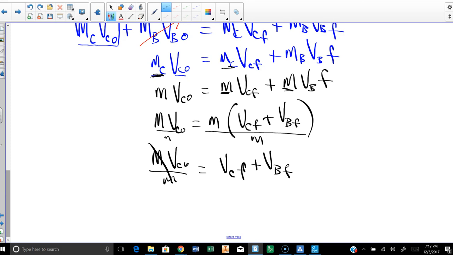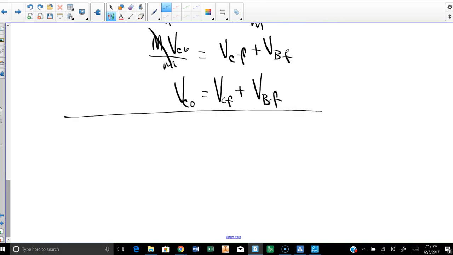Gone. So the velocity of the cue ball initially equals the velocity of the cue ball final plus the velocity of the ball final. Now, that's interesting. This would only work, of course, if these masses, like they said, are the same. But that still doesn't help us completely.